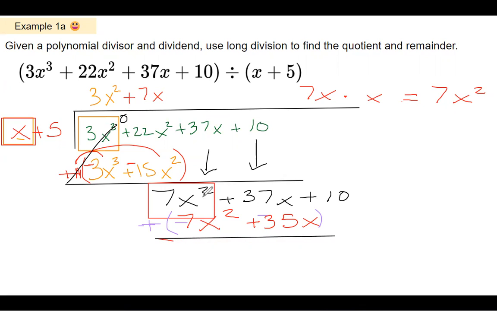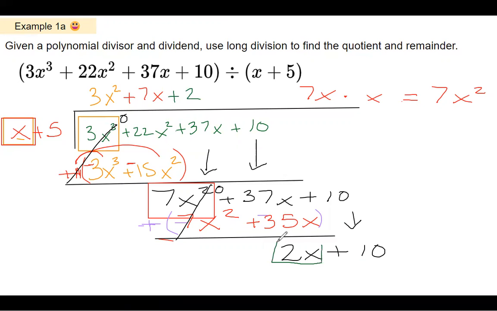Now what happens here? These two values cancel out. So now we have 37x plus negative 35x, which is 2x. And then bring down your beautiful 10. Let's go ahead and see. Does x still fit into 2x? Yes. What do we need to multiply it by? Beautiful 2. Let me go ahead and do this one in green.